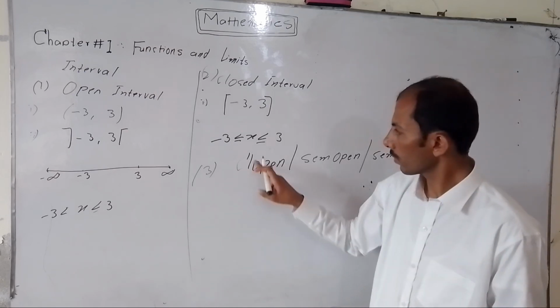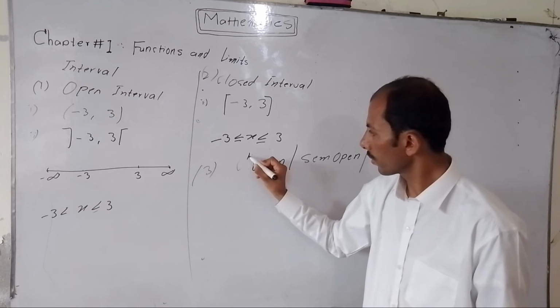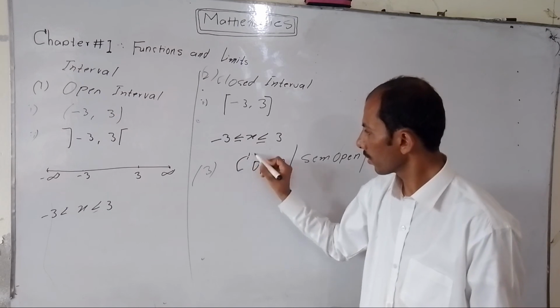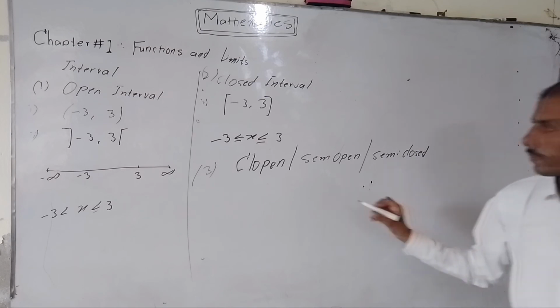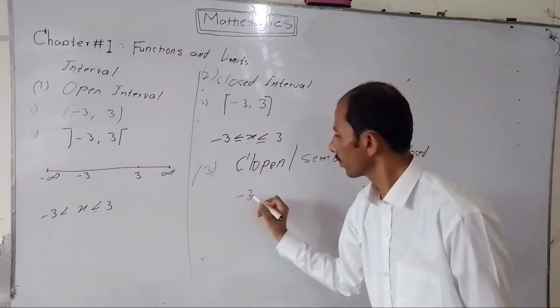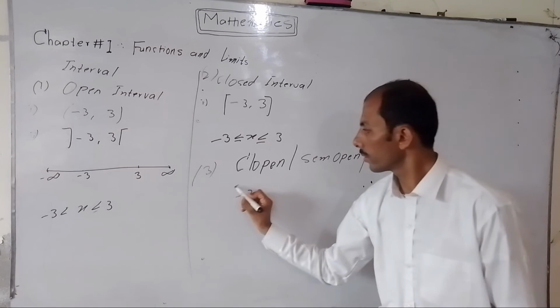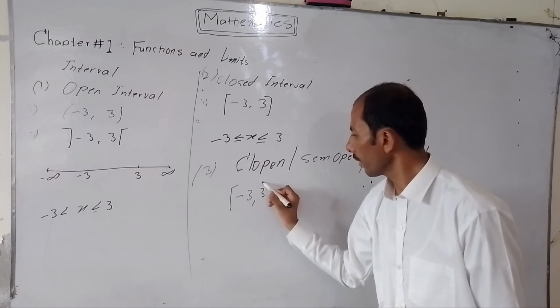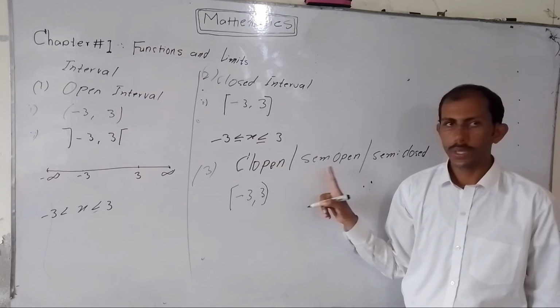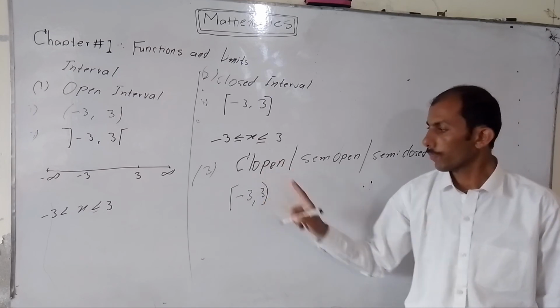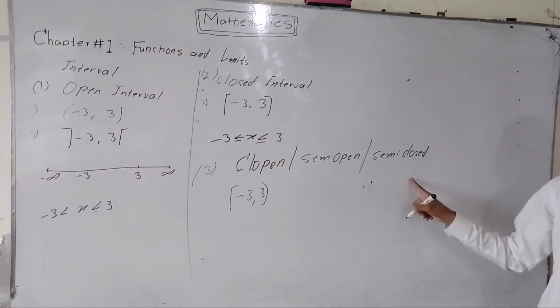So minus 3 to plus 3, this is a half semi-open, clopen or semi-closed interval.